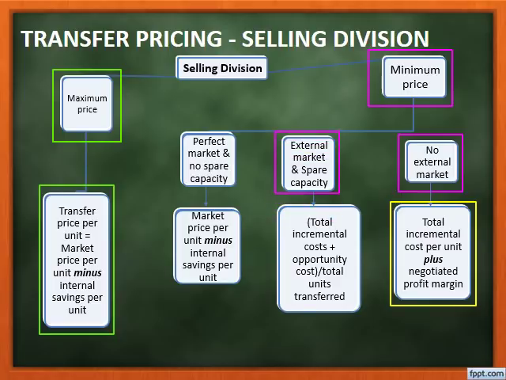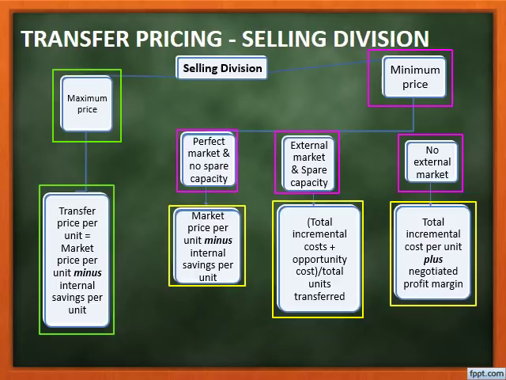For the external market and spare capacity, the transfer price will be the total incremental costs plus the opportunity cost divided by the total units transferred. For the perfect market and where there is no spare capacity, the transfer price will be the market price per unit minus internal savings per unit.